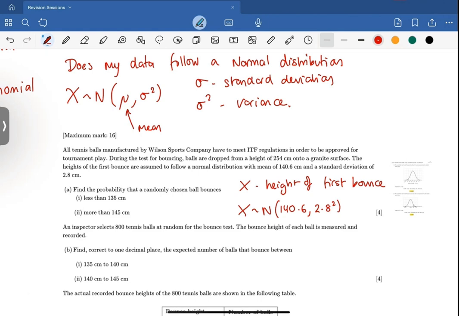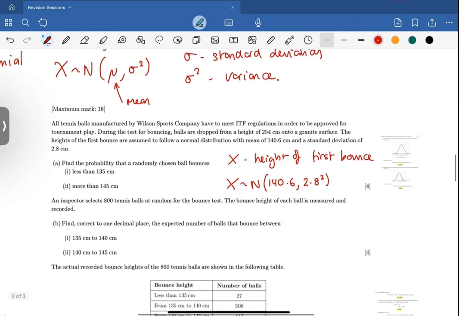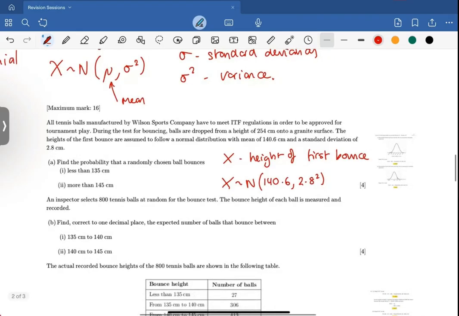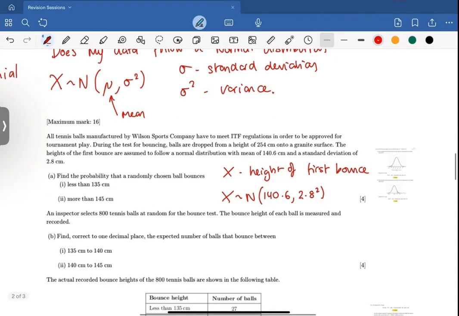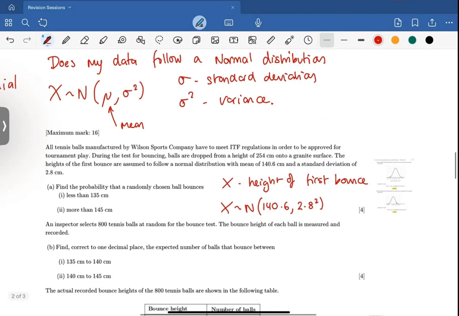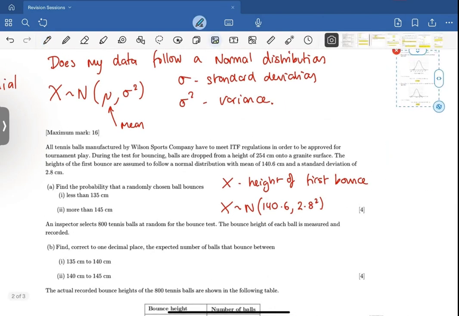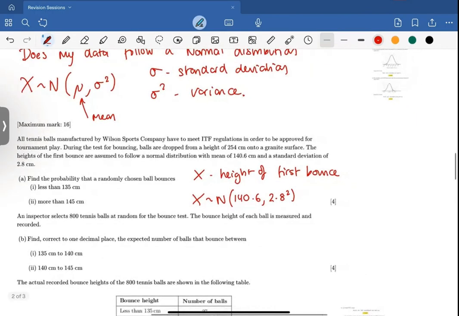And then what it's going to do is help us out with these questions. So first of all, we want to find the probabilities that it's less than 135 and more than 145 centimeters. I would recommend that you do a little bit of a sketch when you're doing this, because it shows that you know what you're talking about. And we'll remember that the normal has that nice bell curve shape.